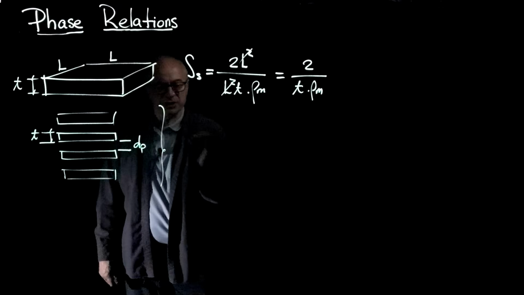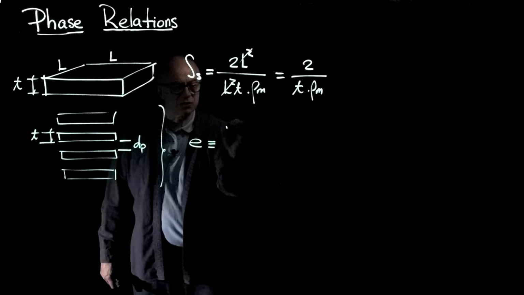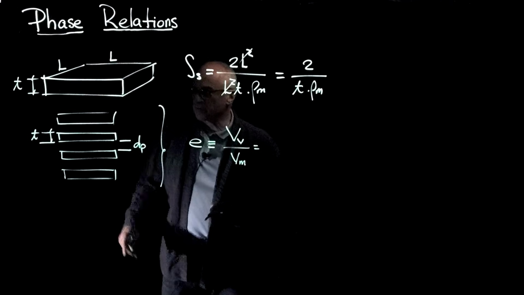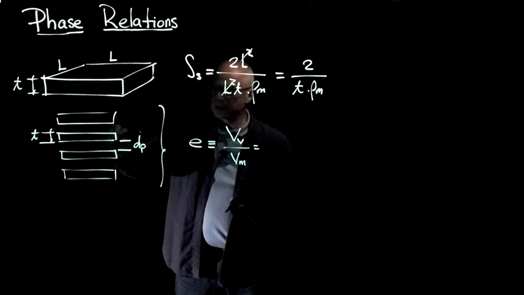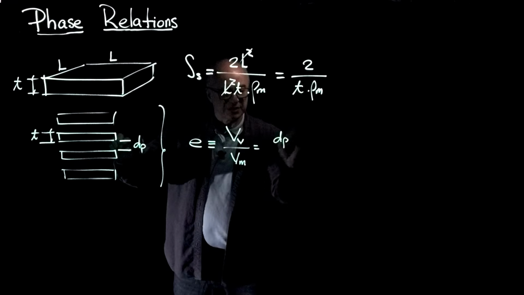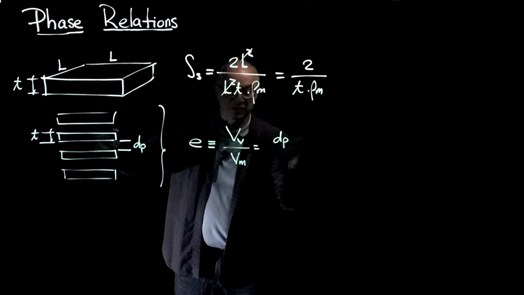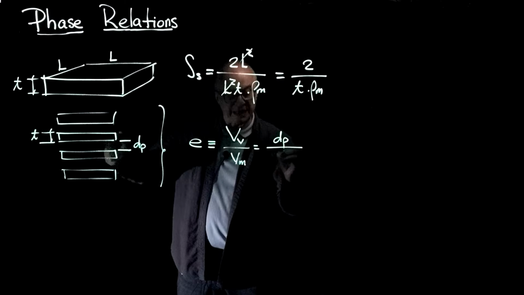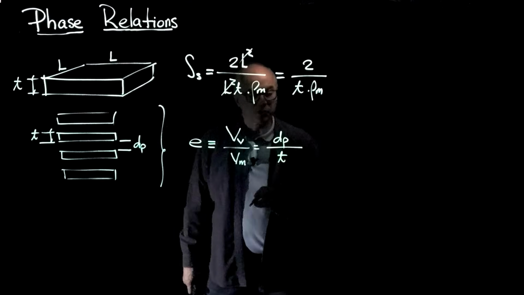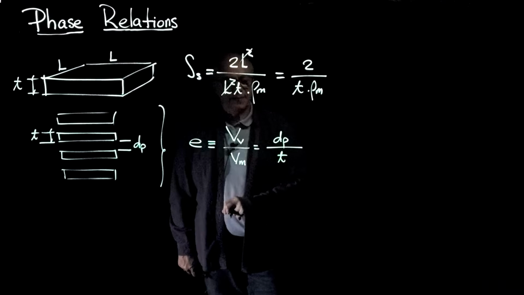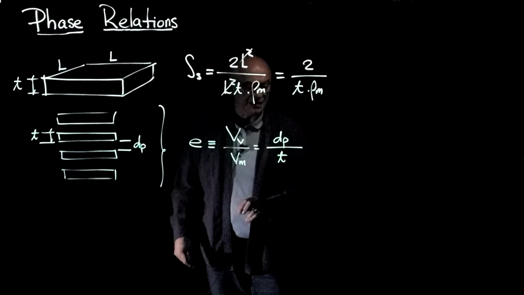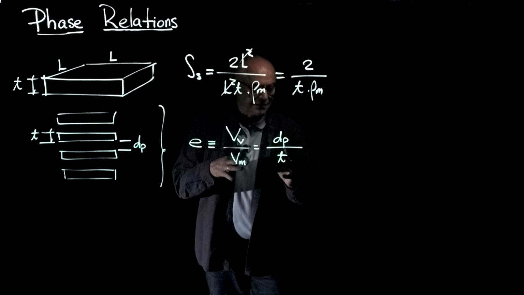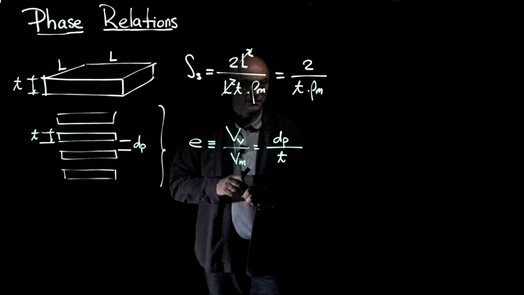For this configuration, void ratio, which by definition is the volume of voids over the volume of minerals, becomes the volume of voids is dp, which is the thickness of the void times L squared, divided the volume of the minerals, which is L squared times T. The L squared cancels out, and we have that the void ratio can be a ratio between the pore size and the thickness of particles.